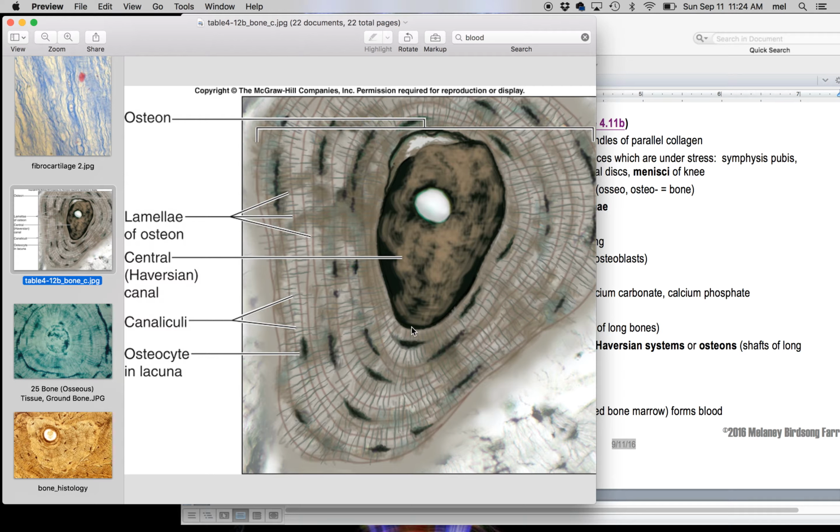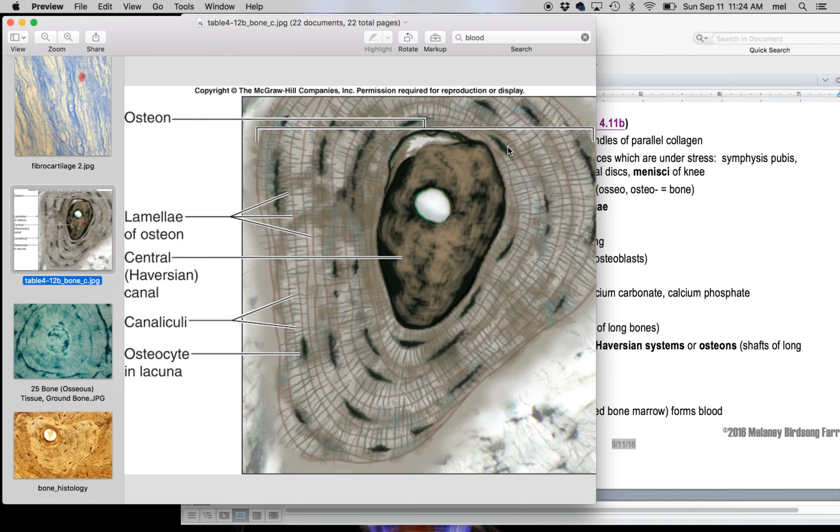So this layer of matrix from here to here is called a lamella. Plural is lamellae. Okay, it's more than one of them. And lamella is Latin for layer. So here's a layer of matrix. Here's another layer of matrix. Here's another one.